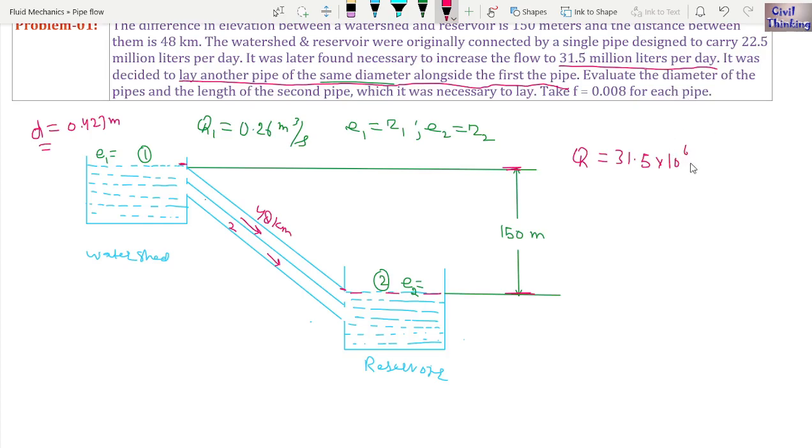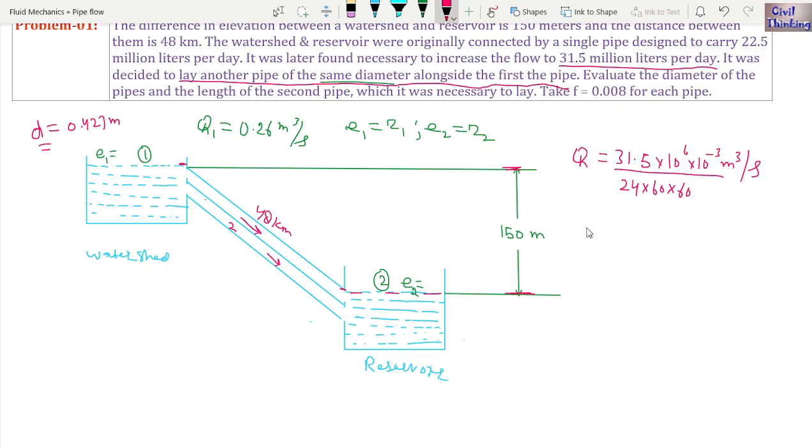Now a liter is 10 to the power minus 3 meter cube. Now per day, I will convert it into per second. For that, I have to multiply it with 24 into 60 into 60, right? Now the length of the second pipe has to be something so that the discharge is this.